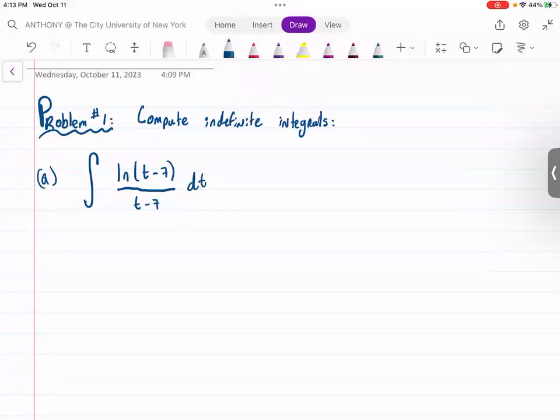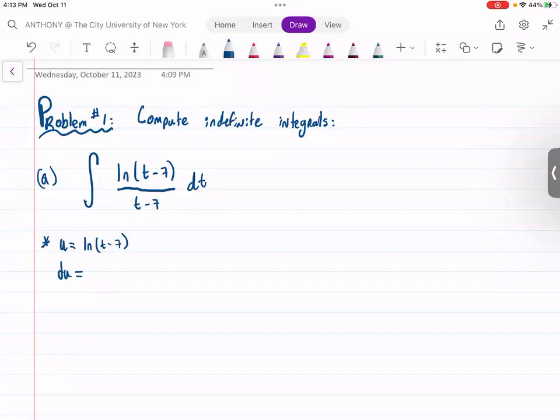What do you think would be my u? Say it louder. That's right. You have to actually make the entire ln expression, ln of t minus 7, be your u. So in this example, we let u equal ln of t minus 7, and then you find your derivative du.